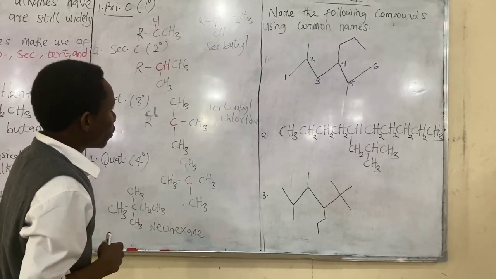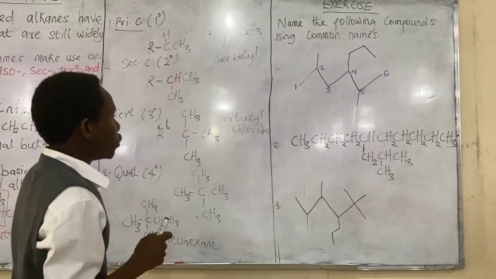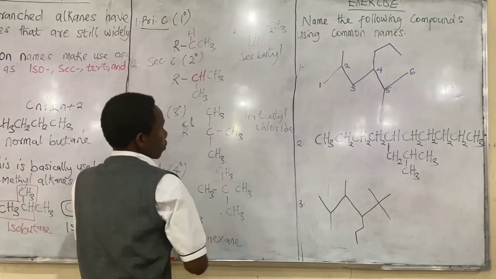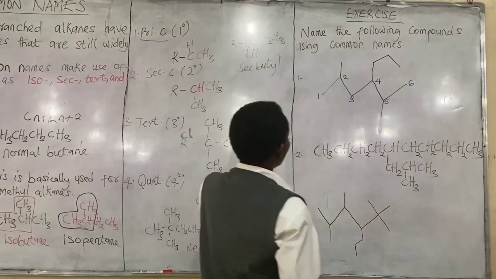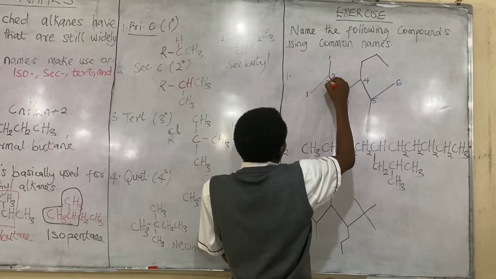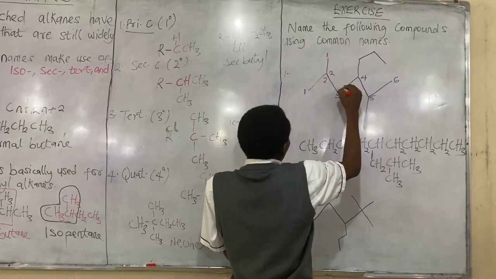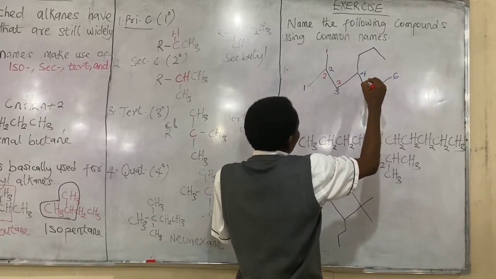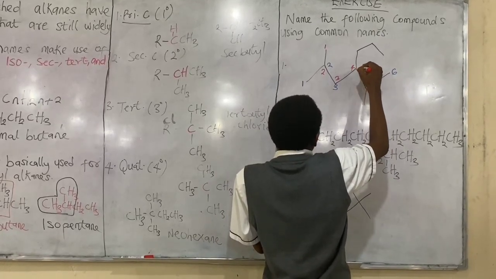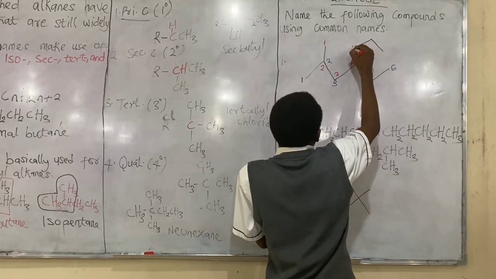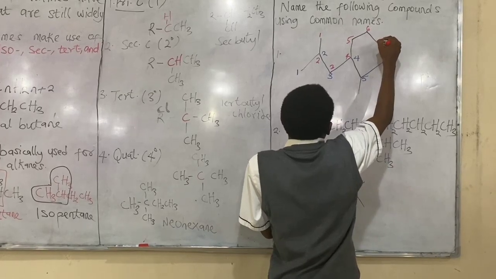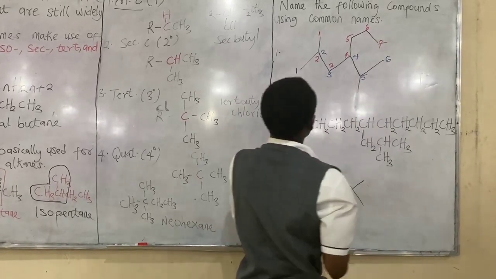Apart from that, there is one other way we can still number these carbons. Let's use our red marker. Let's number this way. Carbon 1, carbon 2, carbon 3, carbon 4, carbon 5, carbon 6, and carbon 7.